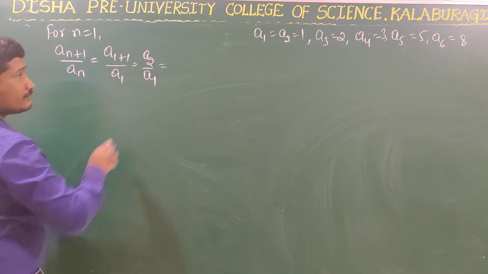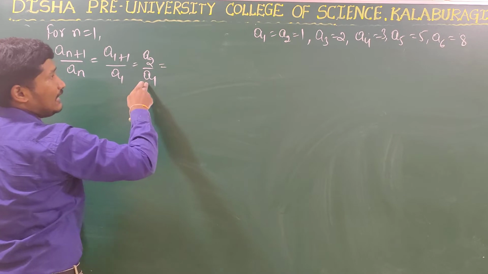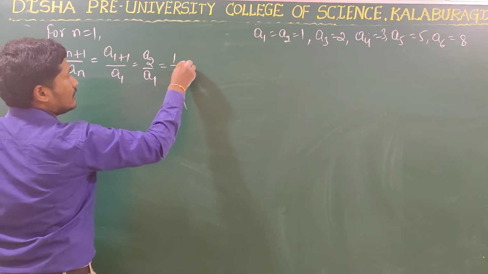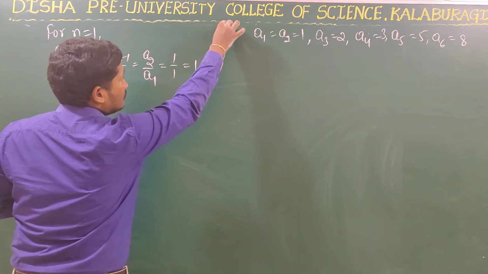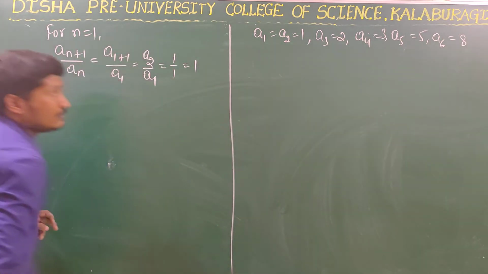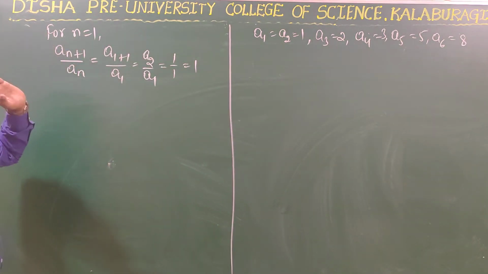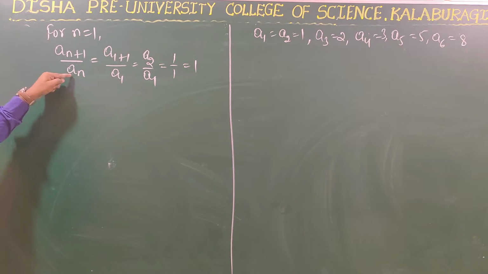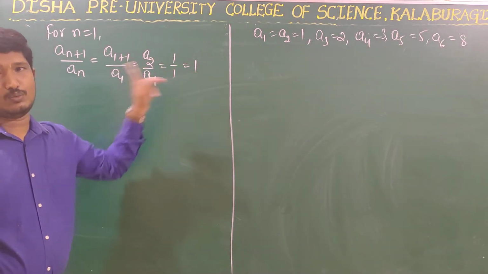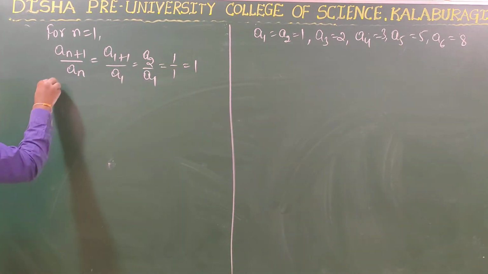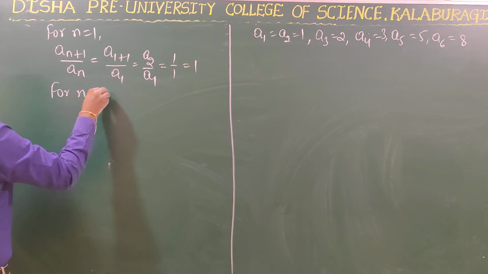A2 is also 1 and A1 is also 1. So 1 divided by 1 is equal to 1. Right? So for n is equal to 1, An plus 1 divided by An is equal to 1.